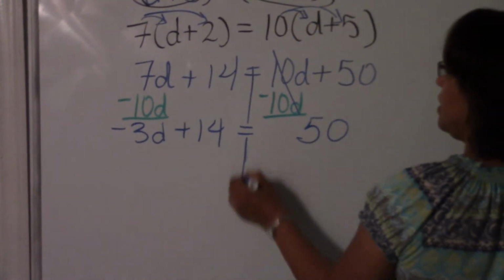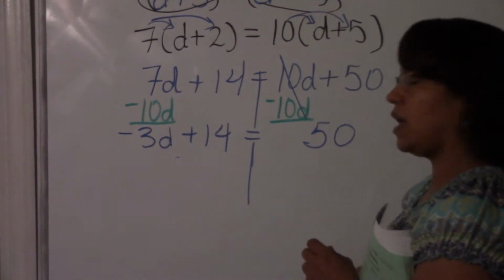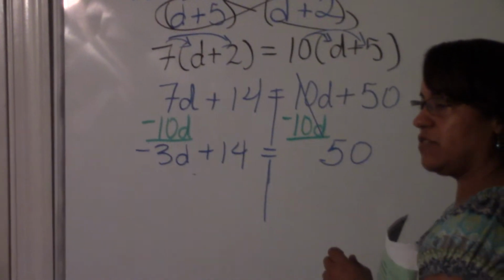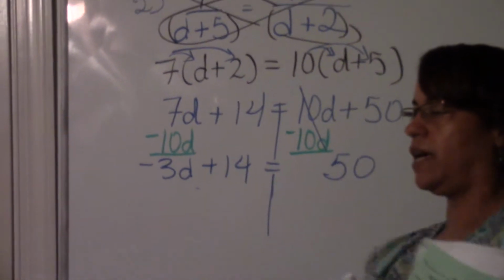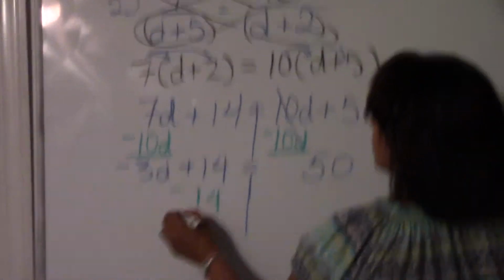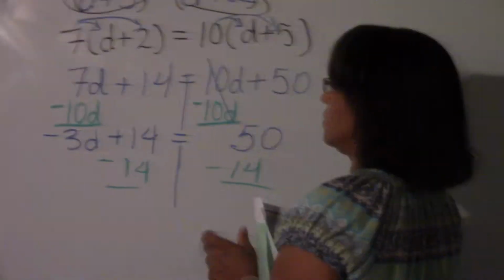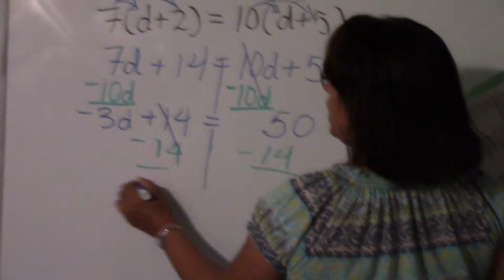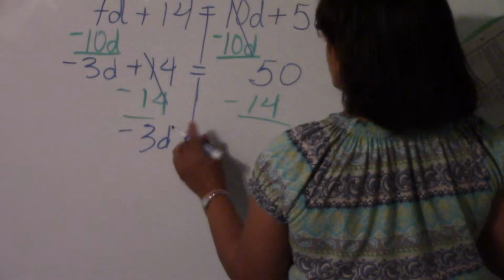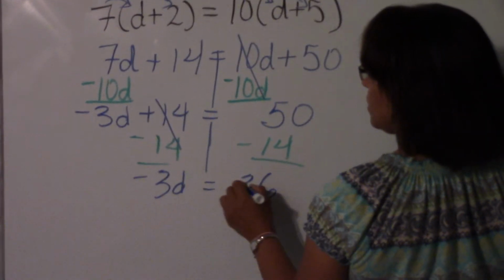And now we can see we need to bring 14 over there with 50, or over here. So the opposite of plus 14 is minus 14. So we're going to do that. We're going to bring this minus 14 over. And we're going to bring down negative 3d. Negative 3d is equal to 10 minus 4 is 6, and 4 minus 1 is 3.